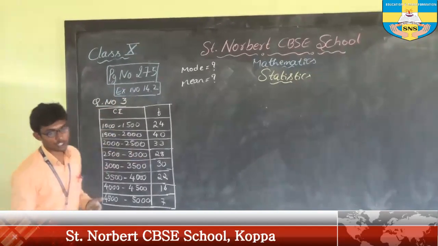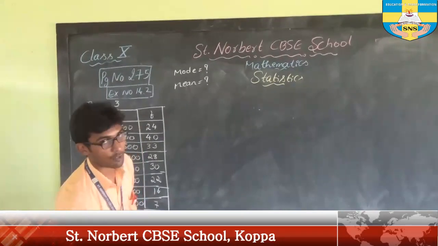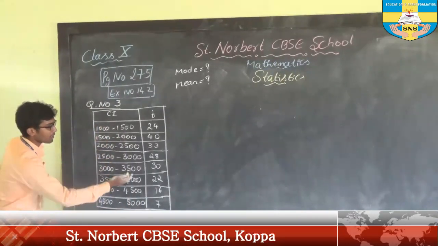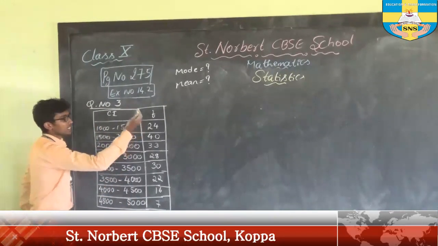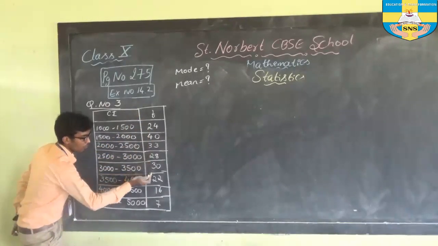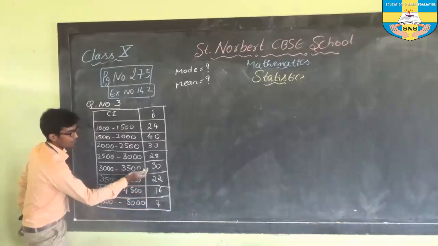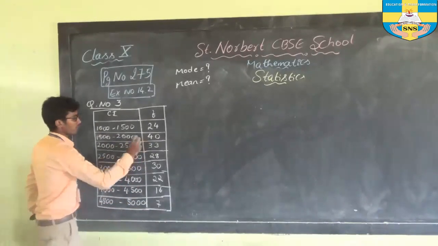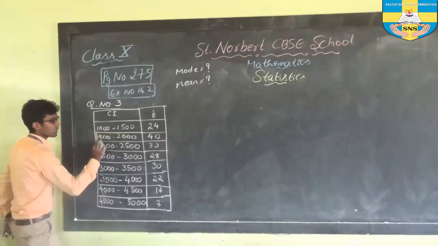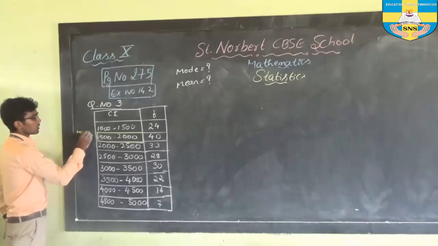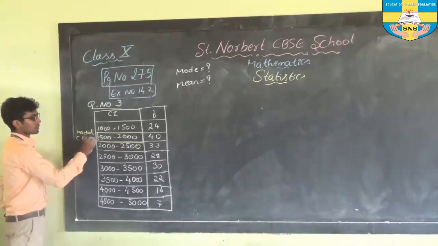When it is mode, you need to guess the modal frequency. Can you tell which is the modal frequency here? To guess the modal frequency, you should have the modal class. Which is the modal class? Look at the highest frequency. Which is the highest frequency? 40, right? If 40 is the highest frequency, you can take 1500 to 2000 as the modal class.